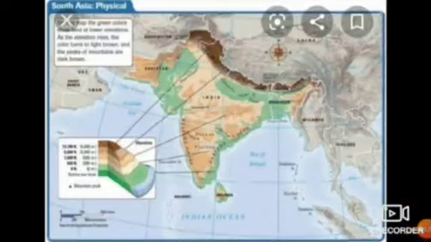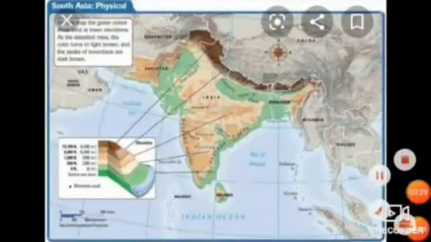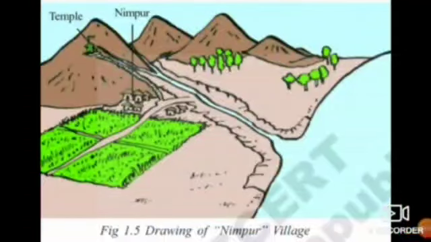How can we represent the height of land on flat paper? Of course, we can make a drawing like the one shown on the screen. This is the picture showing Nimpur village.